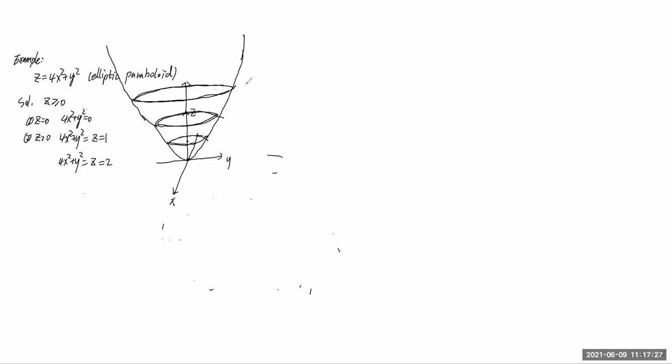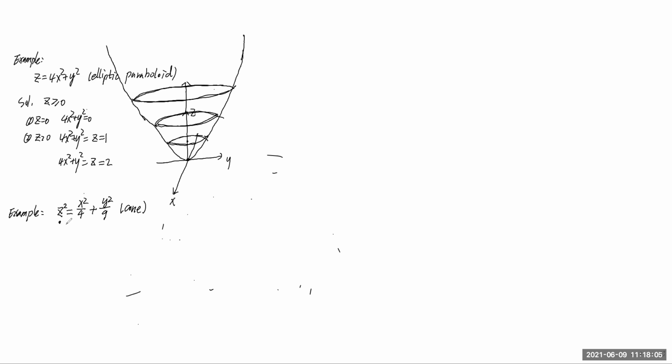And then let's look at another example. This time, z squared equals x squared over 4 plus y squared over 9. This is called a cone, right? So let's draw a picture. Since it's squared, z can be positive and negative.